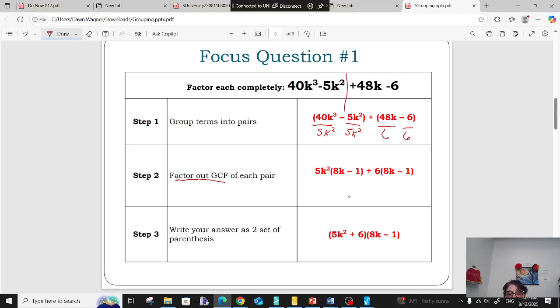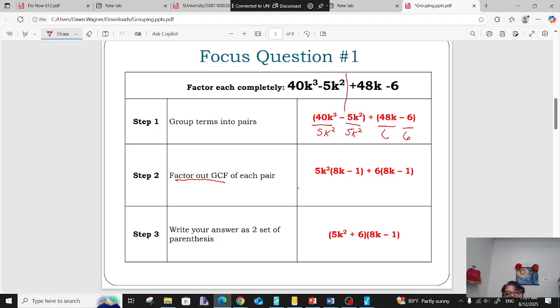That's why they wrote 5k to the second times the parentheses 8k minus 1, plus 6 times the parentheses 8k minus 1 again. You know you did this correctly if the two parentheses, after you factored out the greatest common factor, are exactly the same.